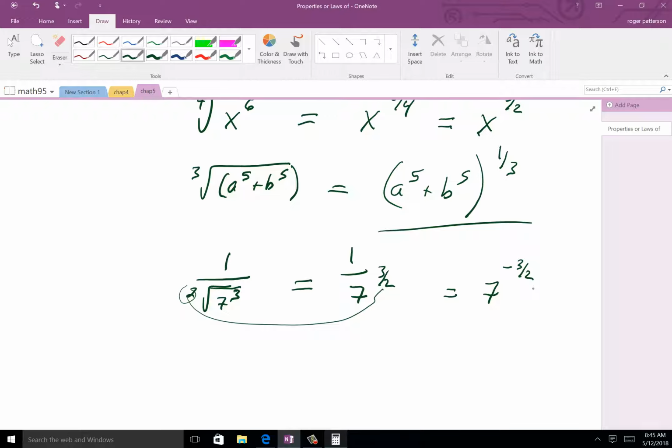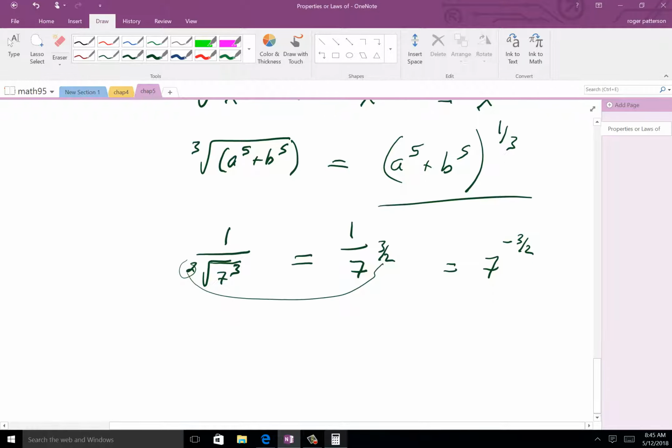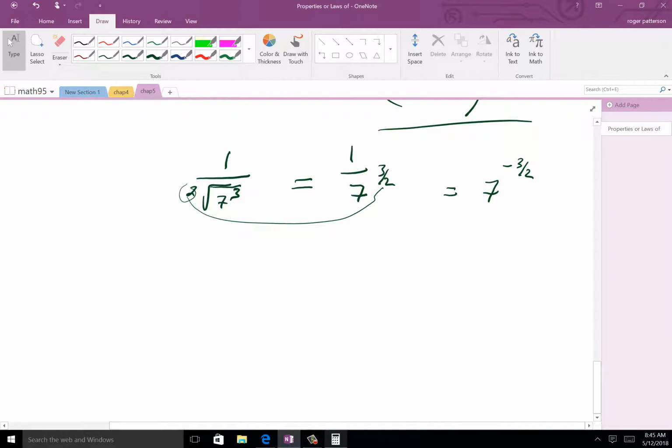Let's see, we did some of those. We kind of did these. Here, let's just try a couple of them, I guess. It says, write in radical notation and evaluate by hand.